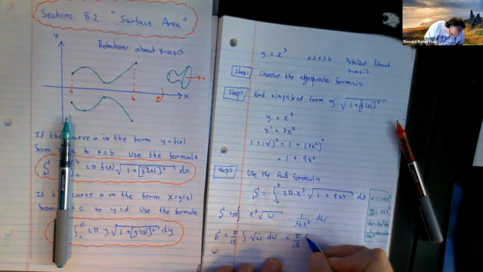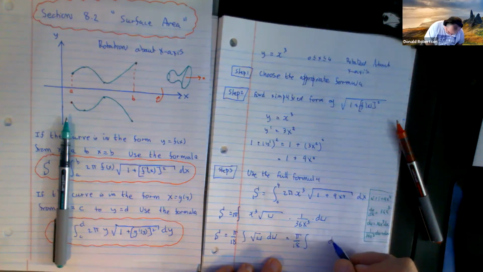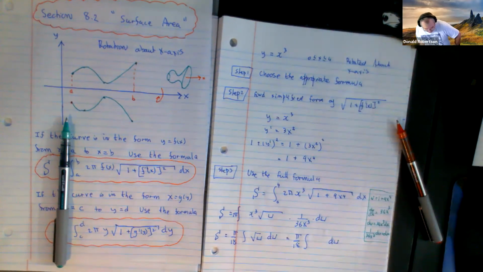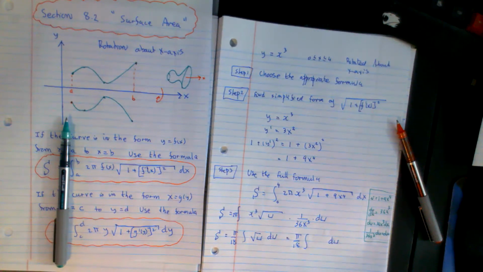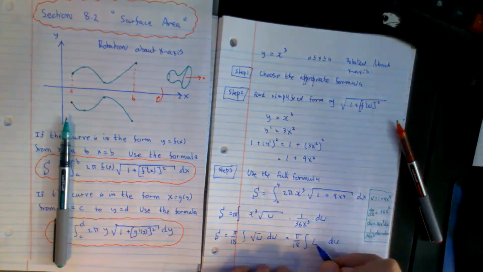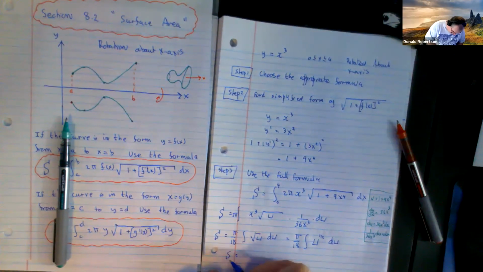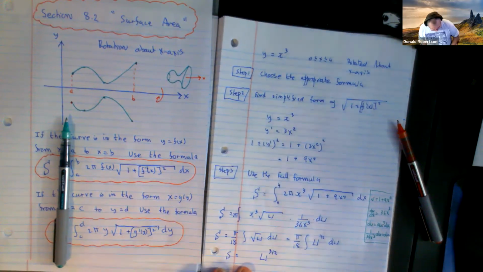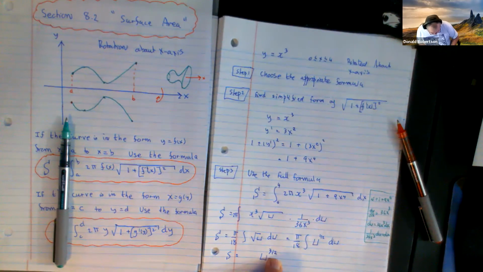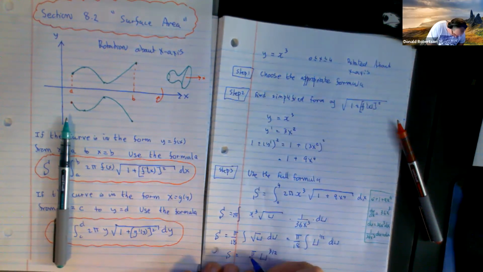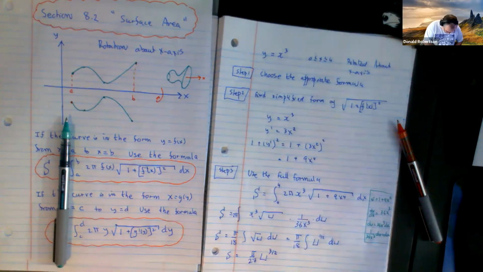How am I going to rewrite the square root of u to make it integratable? U to the 1/2 power. And now I can do the power rule, which is add 1 to the power and divide by the new power, which is the same as multiplying by 2/3, which now gets me pi over 27.